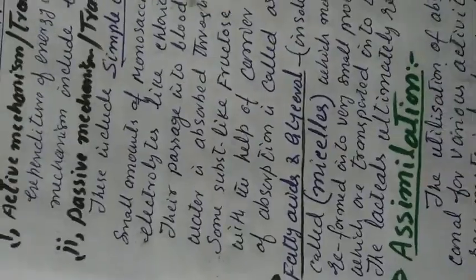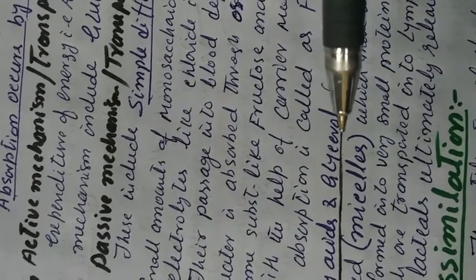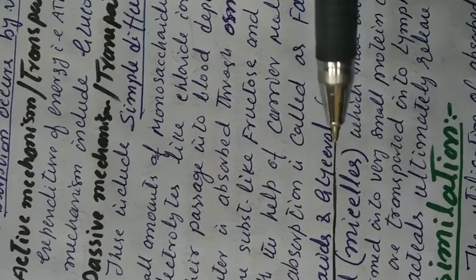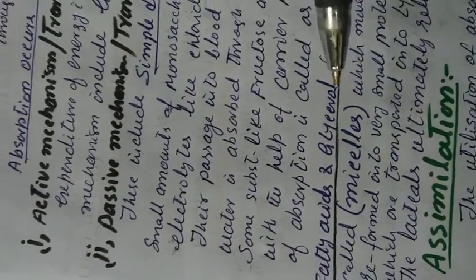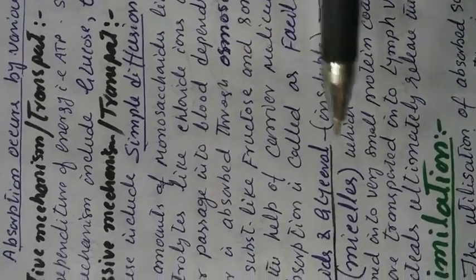Now, as far as fatty acids and glycerol are concerned, they have an entirely different mechanism for absorption, because we know that fatty acids and glycerol are water insoluble. Therefore, they are first incorporated into small droplets called micelles.